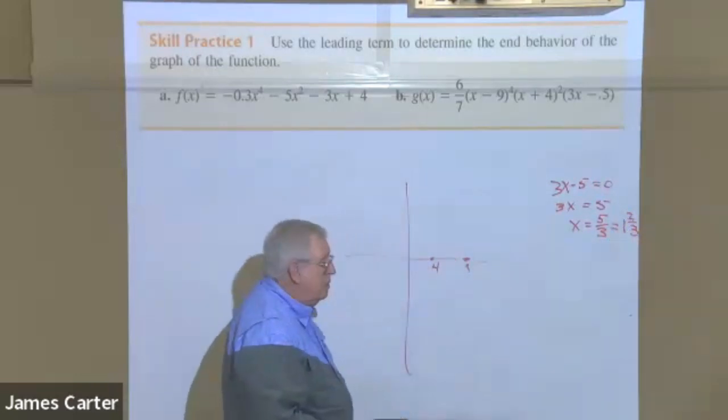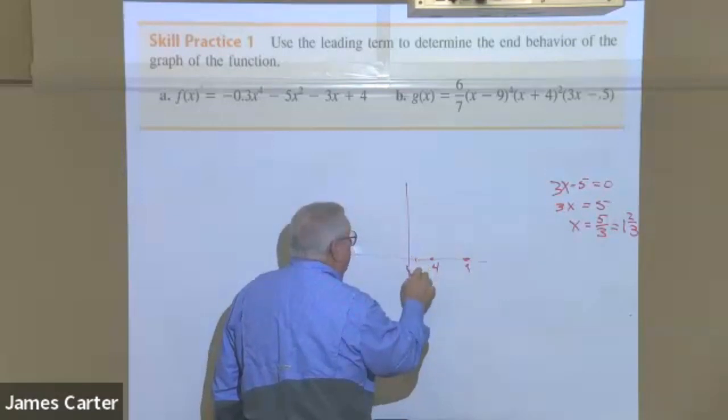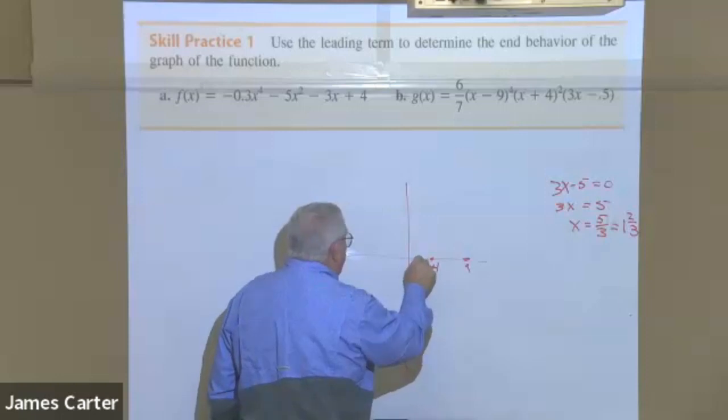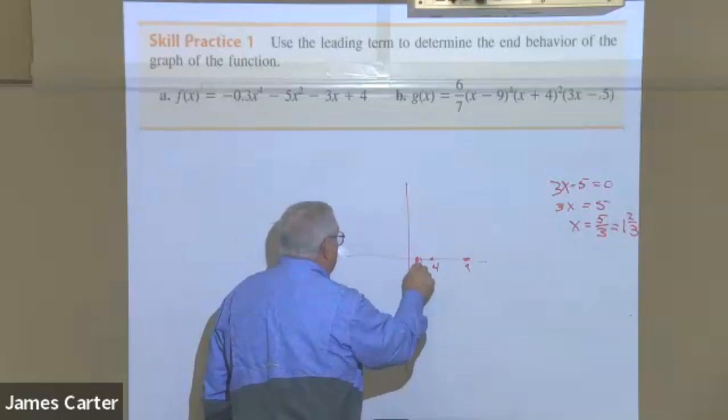Agreed? 1 2/3 is almost 2. Here would be 2, so right there would be 1 2/3, or 5/3.